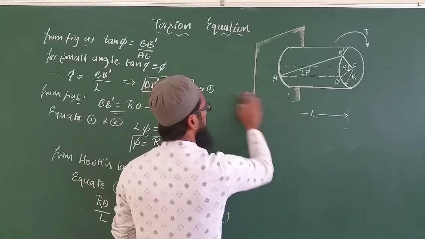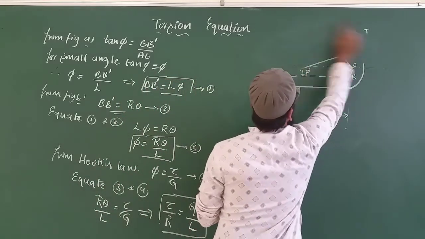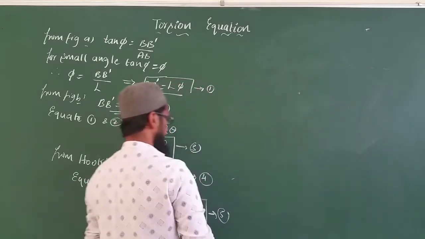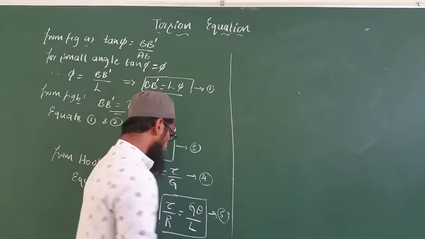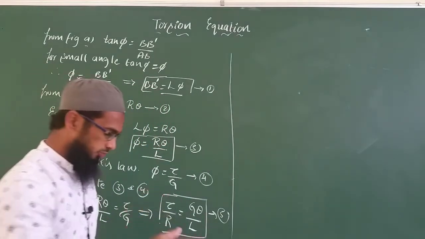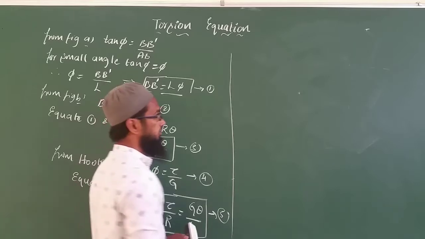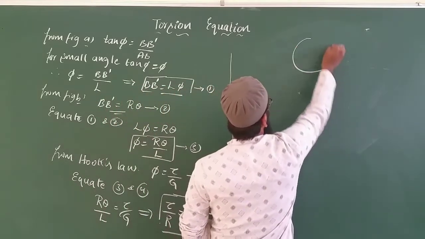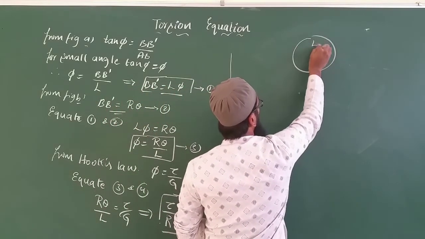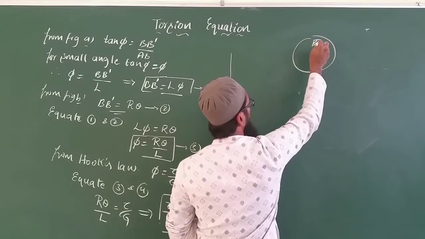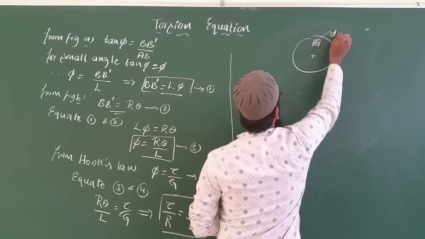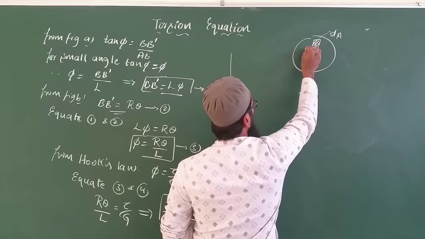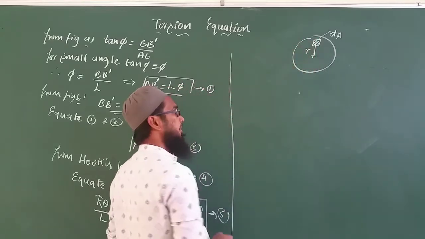Now we just move on to the next step here. If I consider a small differential element, if I take the section on the right hand side part, I am considering a small differential element of area dA, which is at a distance of small r. Okay.